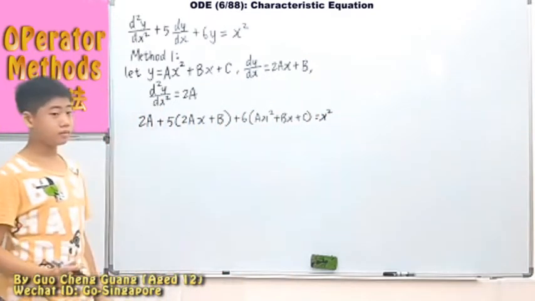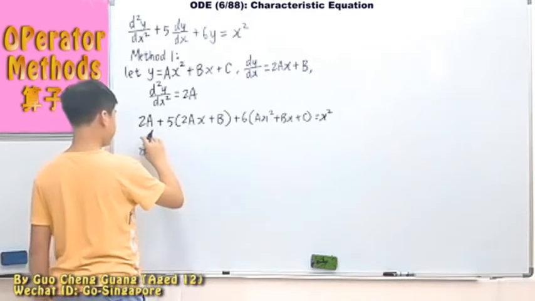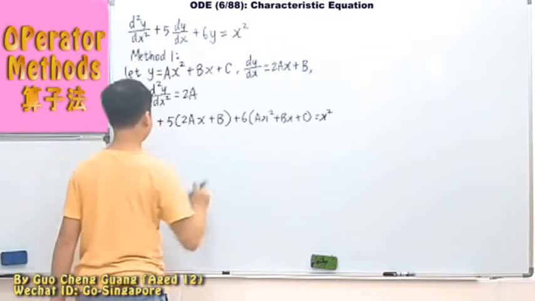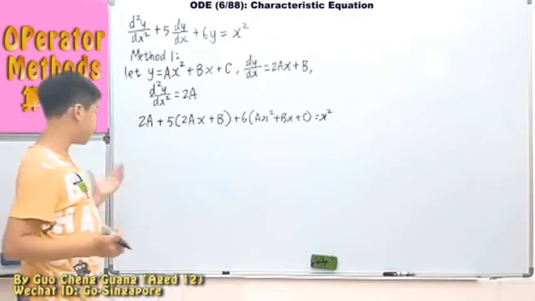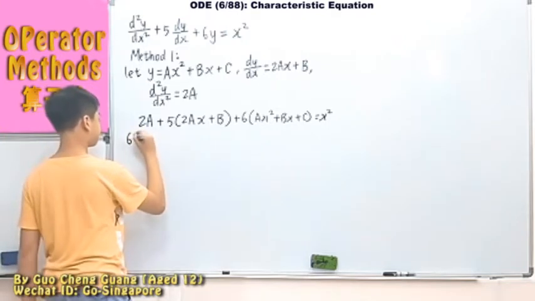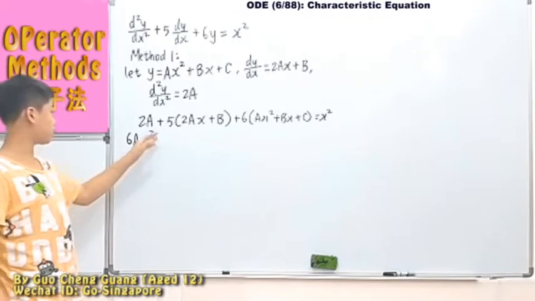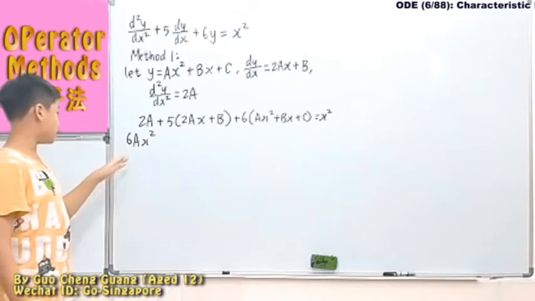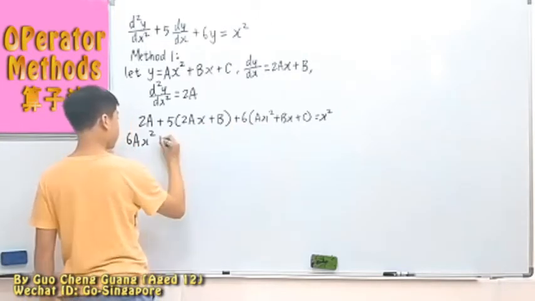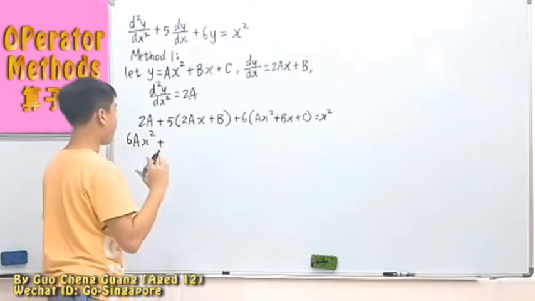Then we can rearrange some of these parts. For x squared, all that you have is 6a.